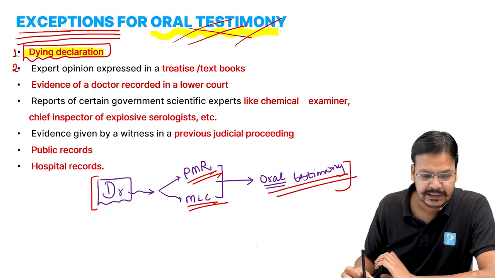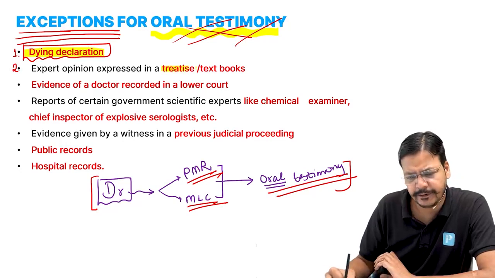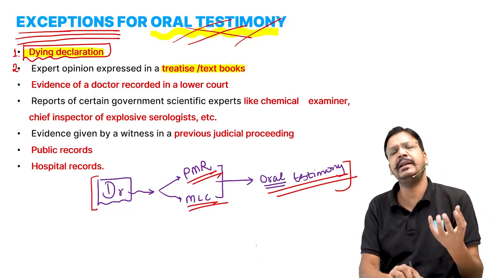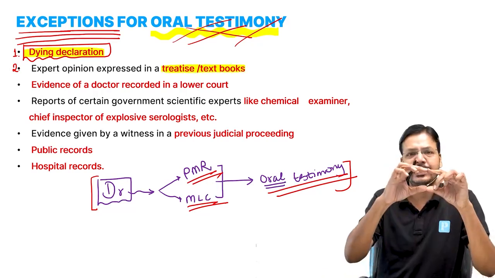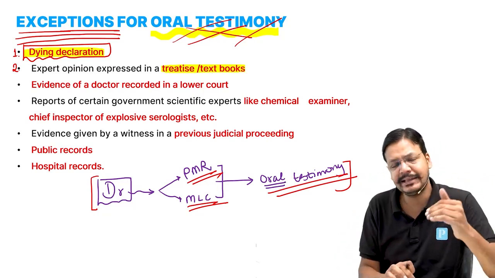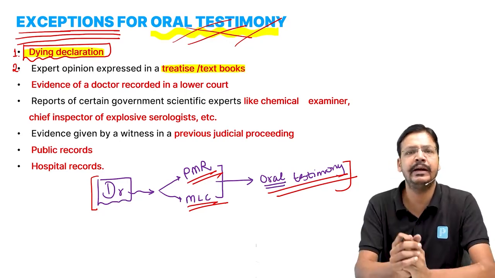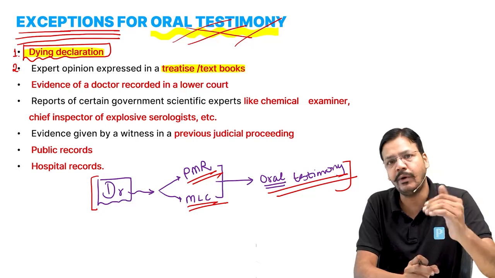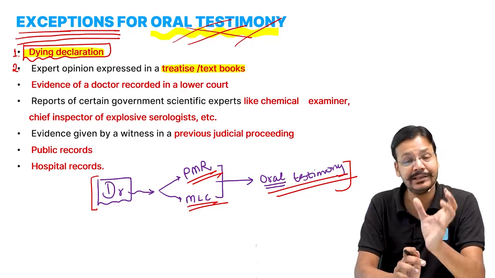Second condition, sir, any expert line given in a textbook or treatise, like the line in the book saying the cause of death is asphyxia due to hanging. If I take this line as it is in my postmortem report, the author won't come to prove this, because that's a reference book.